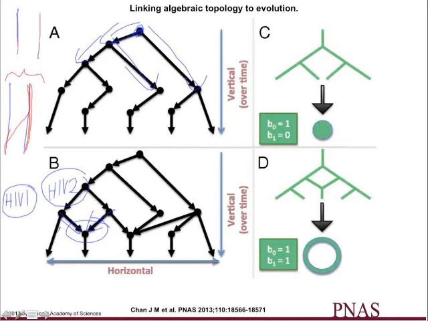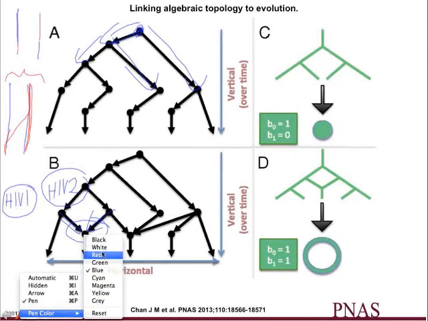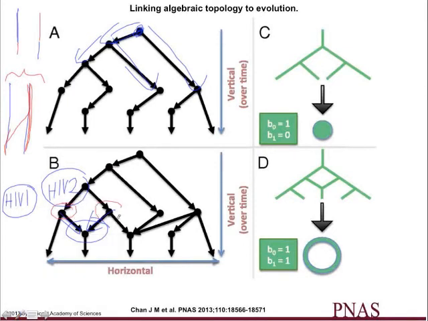And so it could be that these 2 HIV viruses combine to create a new virus, and the DNA comes from both of them via this recombination event. Well, that's a good thing for us algebraic topologists, because we've just created homology here. When these 2 things come together, we have homology in our tree.